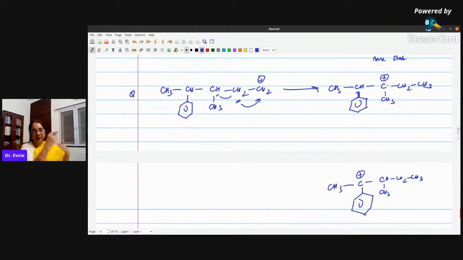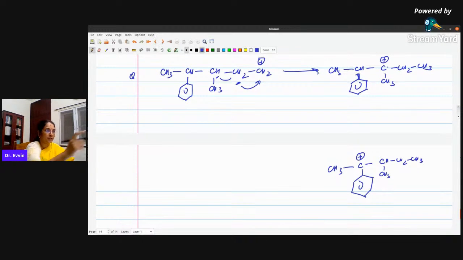Now you have to go back to your carbocation. As I told you, the benzylic will be more stable because it can undergo resonance. So among these, this one can undergo resonance, because the positive charge is on this carbon. So this will not be the carbocation; this will be this one, which is the most stable. So if you have some minus group coming, it will go there.